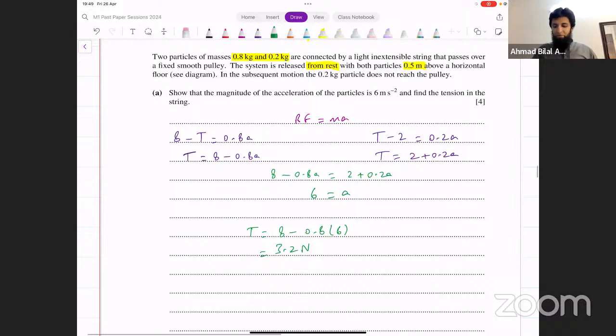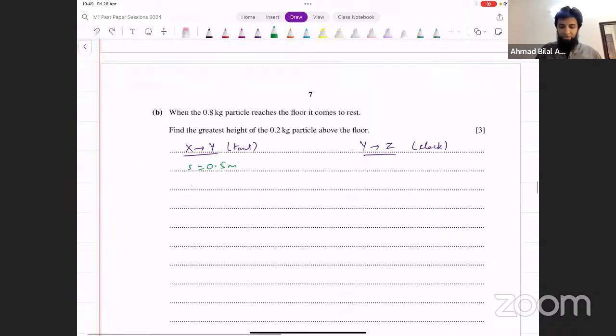While the string was taut, we know that the acceleration was 6 meters per second squared. We also know the initial velocity because the particles started from rest. So the initial velocity was 0. This is the information that we've got about the first part of the journey.